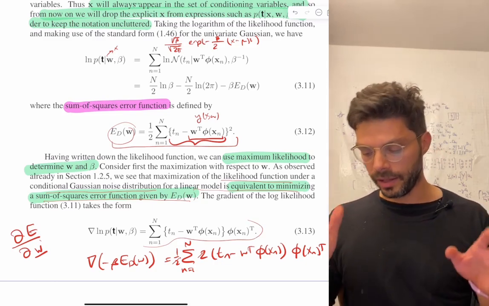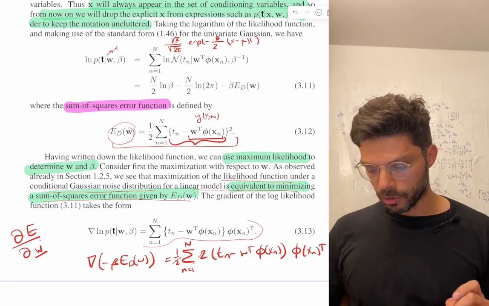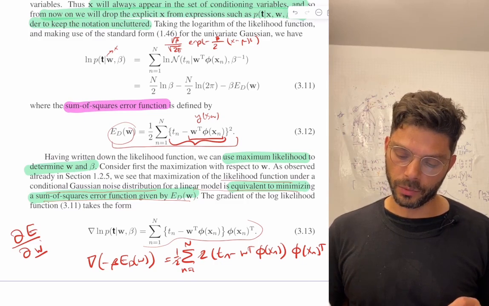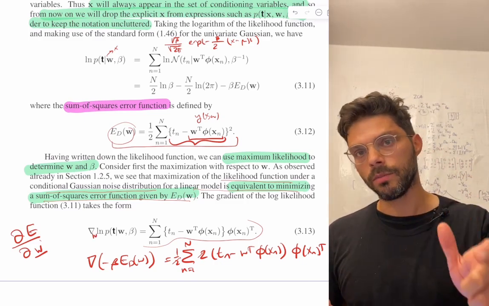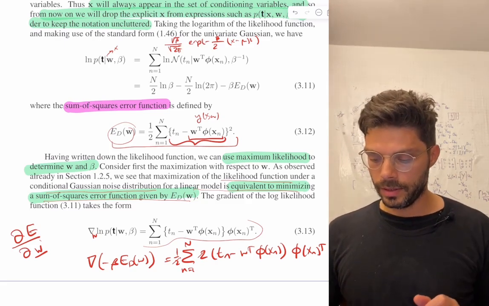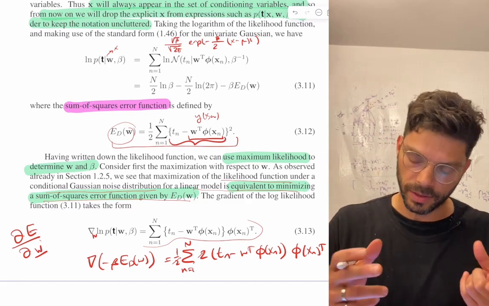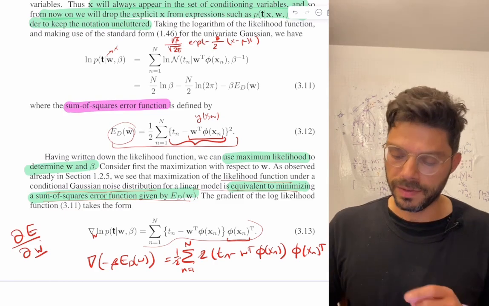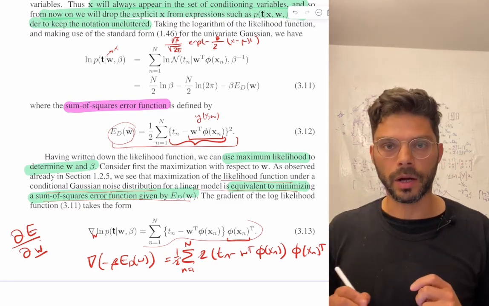Okay, so what I was going to tell you is that this already has an interesting interpretation. This is the gradient with respect to w. So imagine you have these weights and you want to adjust them. It's telling you that each data point is going to give you an adjustment of the weights in the direction of this feature map, this feature computed on that data point.